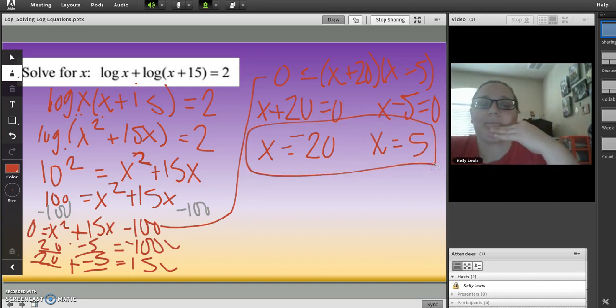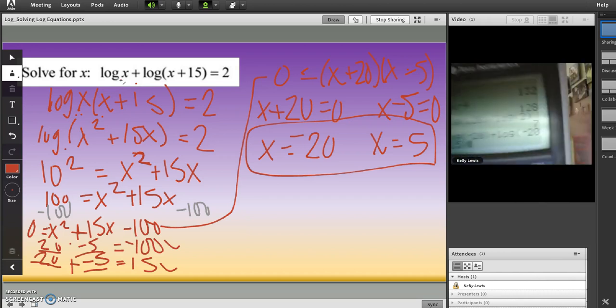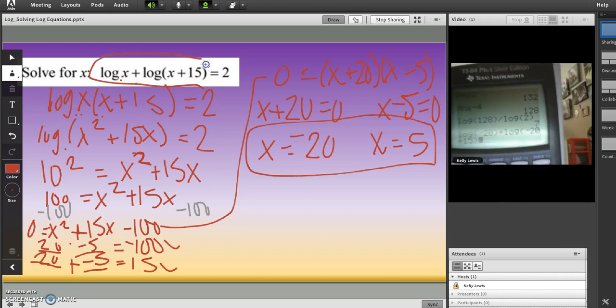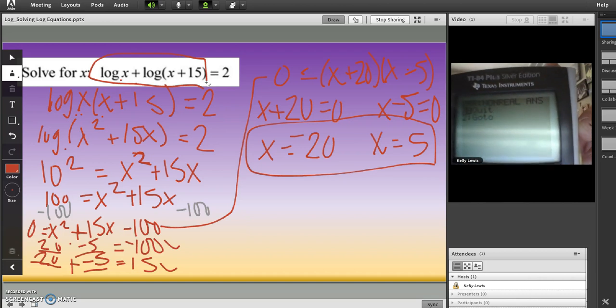So what I'm going to do right here is type in my calculator: log of negative 20 plus log of negative 20 plus 15. Everywhere there was an x, here I put in negative 20. And it didn't work.